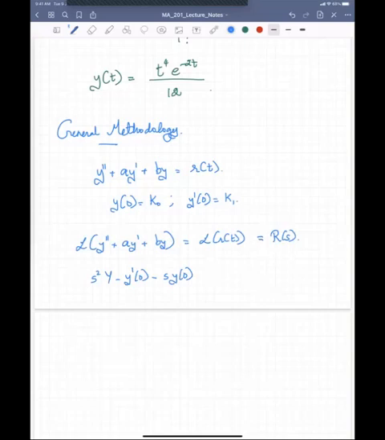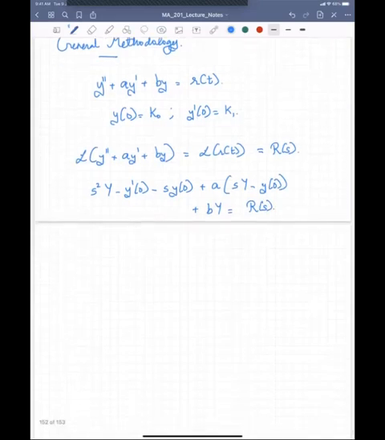That is the first term, plus a times s Y, the Laplace transform of the function y, minus y at t equal to 0, plus b times the Laplace transform of the function y equals capital R of s.